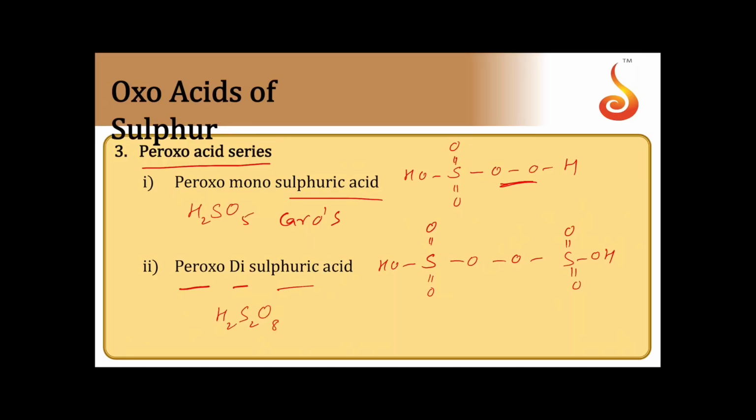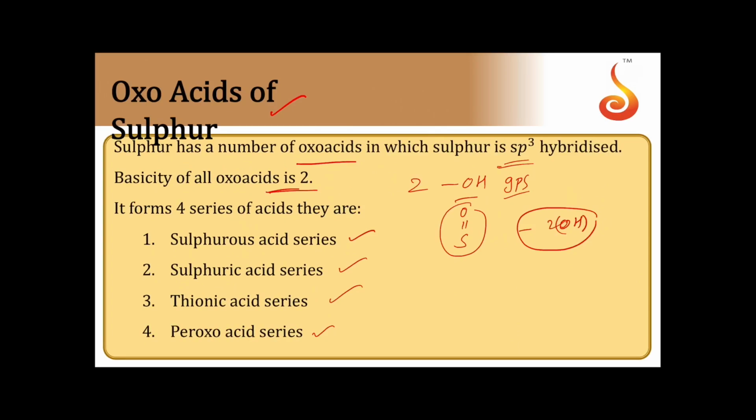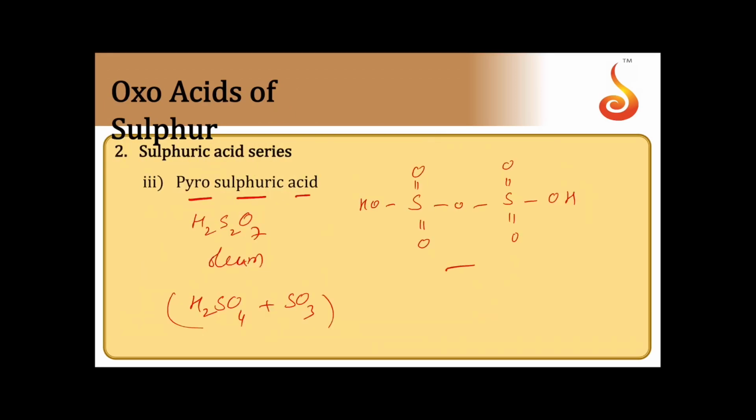One more name is Marshall's acid. So H2S2O8 is Marshall's acid. It is in the peroxy acid series because we have a peroxy bond in it. So sulfur finally forms four types of acid series: the sulfurous acid series, sulfuric series, thionic series, and peroxy acid series.